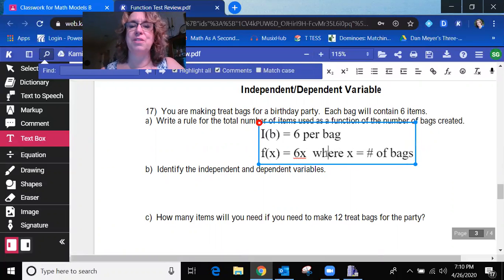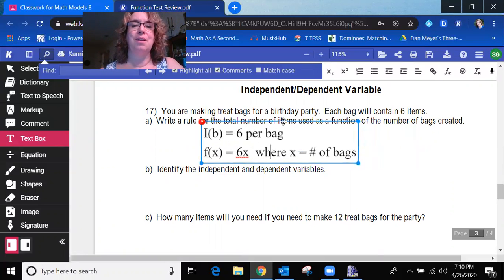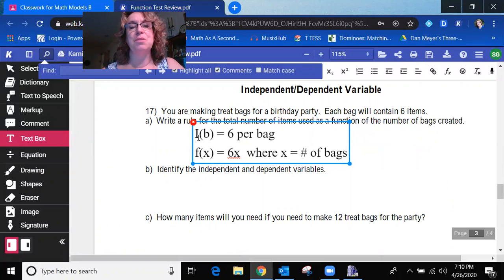I said, I'm not a good typist. I know my math. Okay. The number of items is a function of bags. So to figure out the number of items, I'm going to go 6 times the number of bags. We could use 6b. Or keep it mathy in the XY language or function notation, f of x equals 6x, and x represents the number of bags.